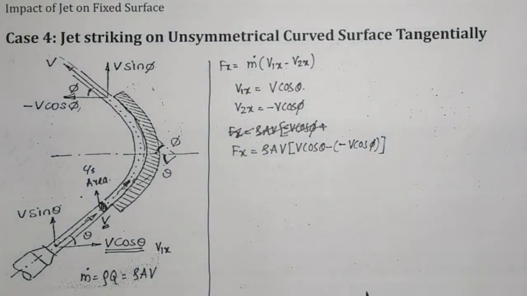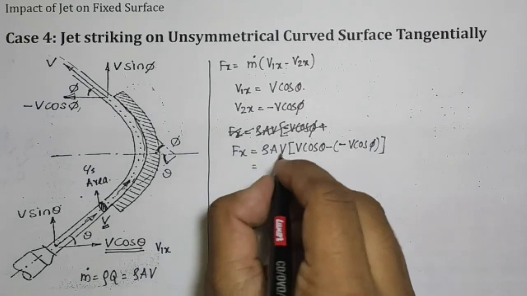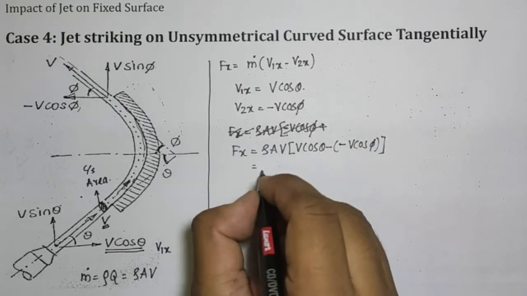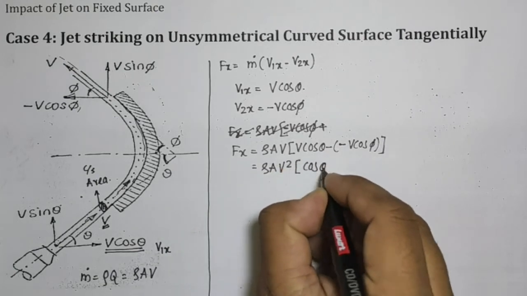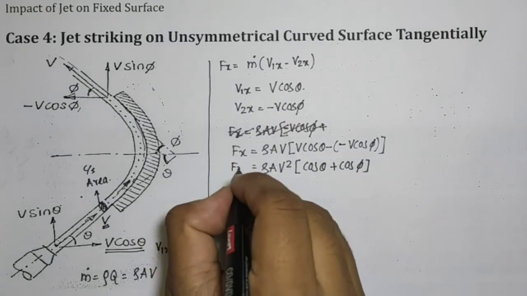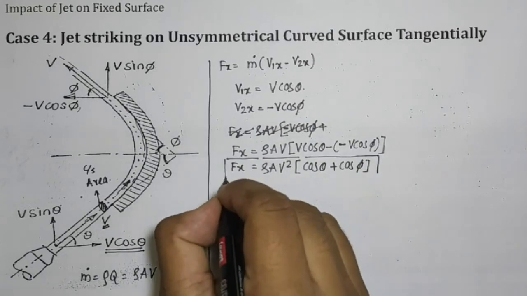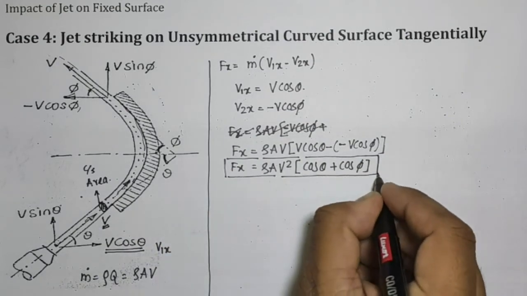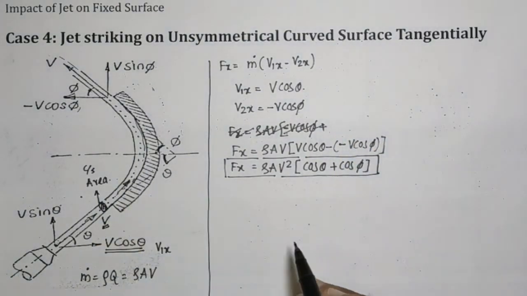This minus minus will become plus, and we can take v as common. So rho a v square in bracket cos theta plus cos phi is the force exerted in the x direction for an unsymmetrically curved surface where the jet enters tangentially into the plate.